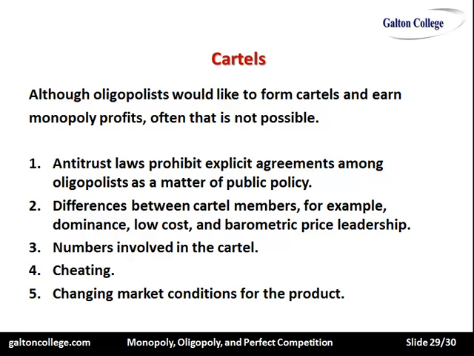And changing market conditions for the product. The market conditions can vary due to many issues. It could be a health and safety report on the product, which may influence consumer reaction to the product, which will influence the existence or the possibility of a cartel.